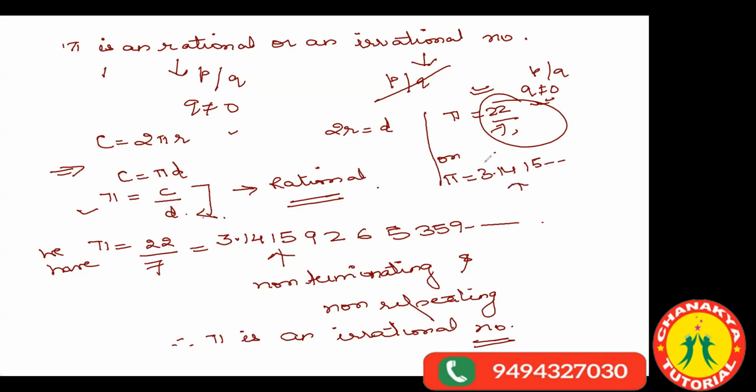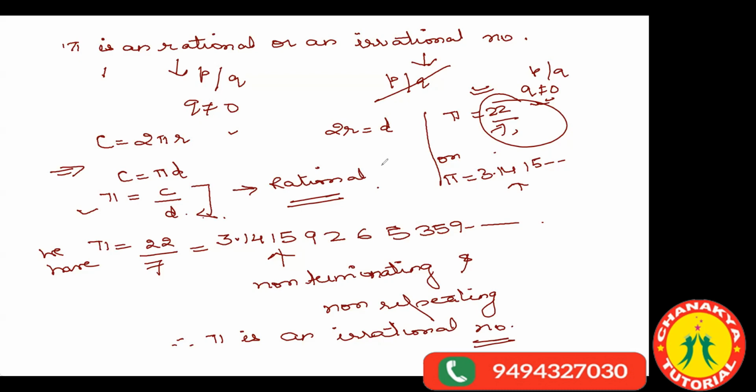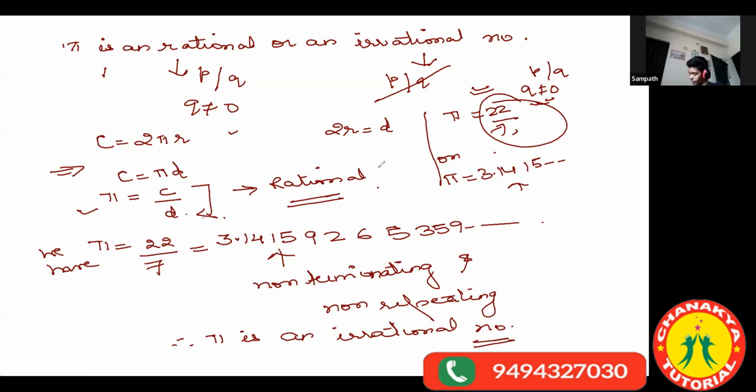Clear? Both things? But in general, if it is asked, you will write only that pi is an irrational number. Clear, children?